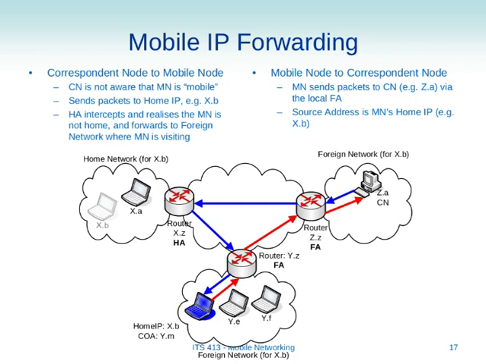The destination is what matters for routing. The destination is Z.A. We send it to the router. To reach Z.A, send in this direction until it reaches subnet Z.